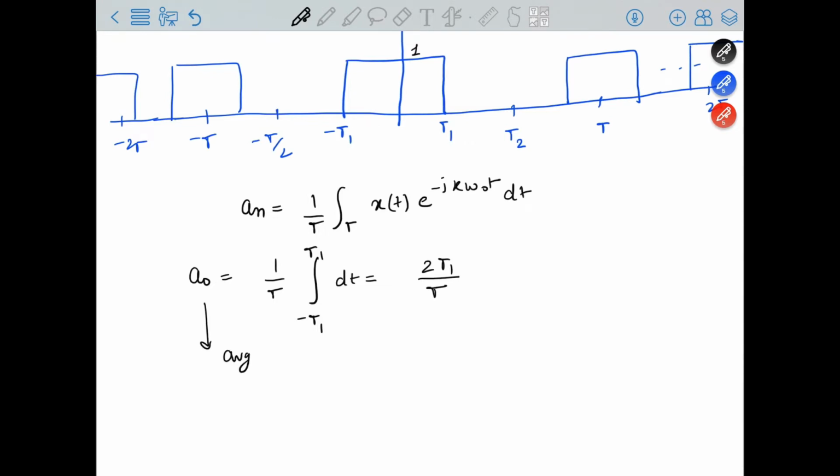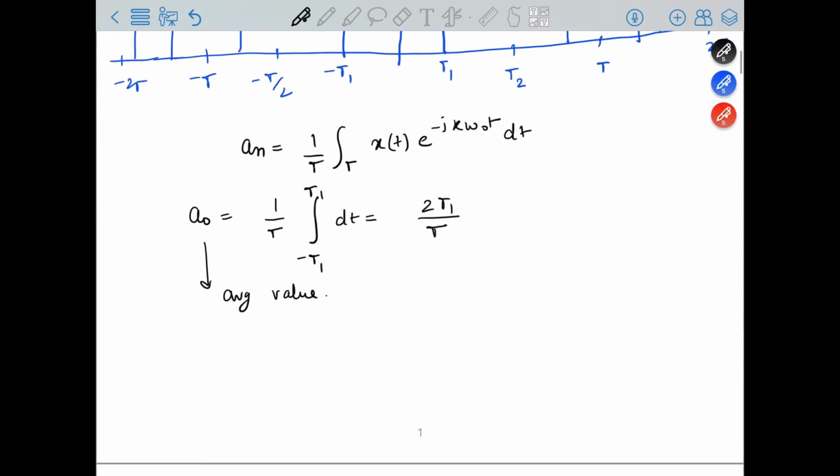This is called the average value, which we have already discussed. Quickly, we can get the expression for the coefficients when k is not equal to 0. a_k is 1 over T times the integral from minus T1 to T1 of e raised to the power minus jk omega naught t dt.